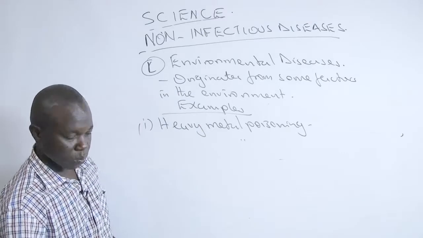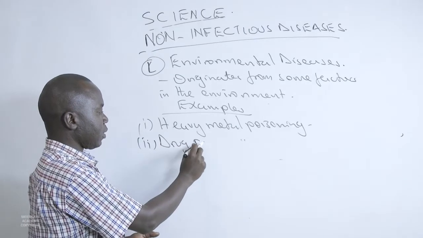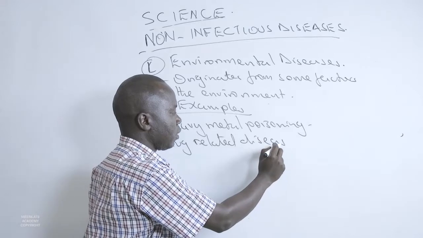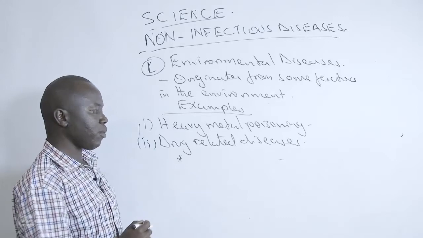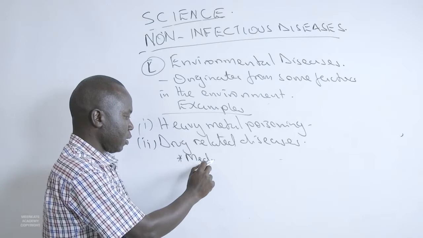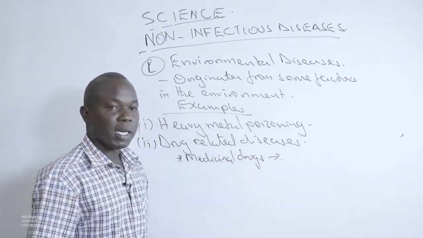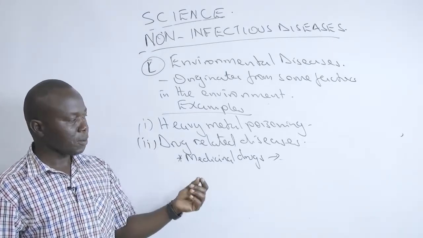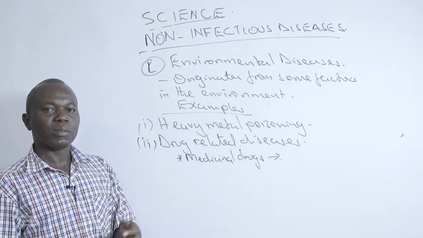Number 2, drug-related diseases. So when you talk of drugs, we have different types of drugs. Some of them are social or medicinal drugs. Medicinal drugs. So sometimes if you take medicinal drugs without the prescription of a doctor, some of the drugs may react with your body.